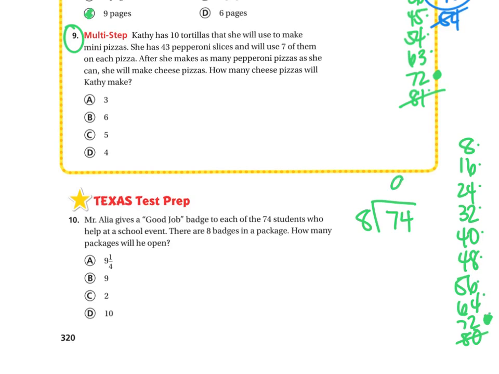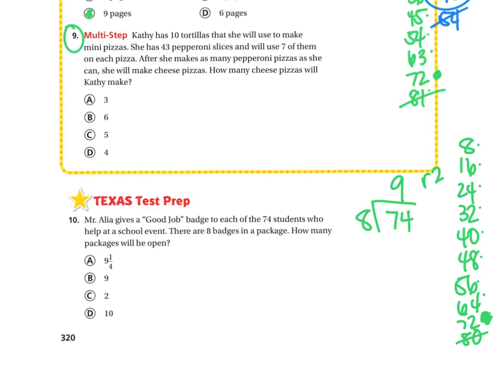That took us 9 times to get there. But what happened now is, since this was 72 down here, we're going to have a remainder. So right now, he's got 9 packages, but that's only 72 badges, which means there are 2 kids right now who didn't get a badge.